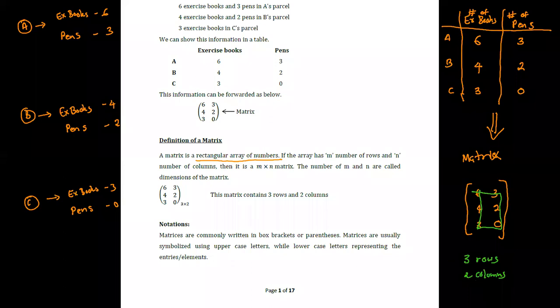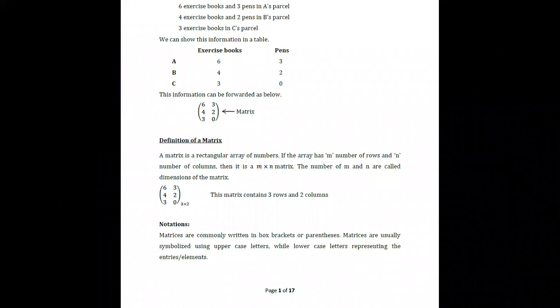In general, to denote a matrix, we can say that a matrix is a rectangular array of numbers having m number of rows, and the number of columns equal to n.